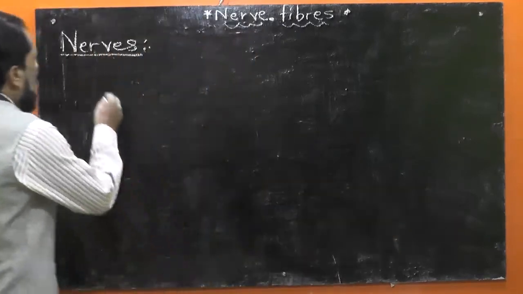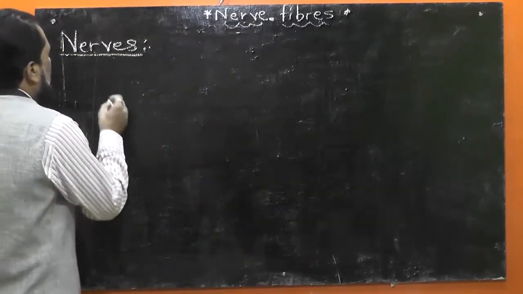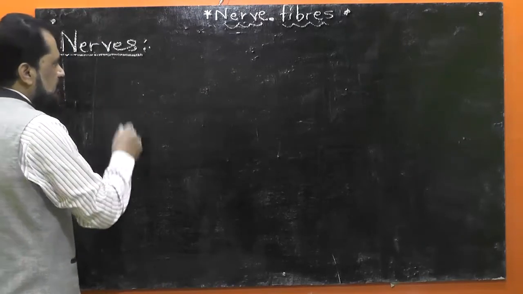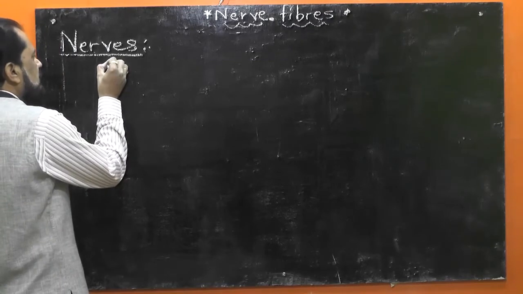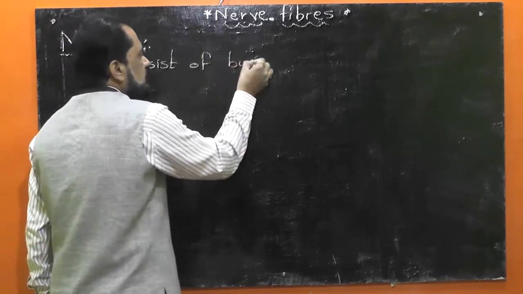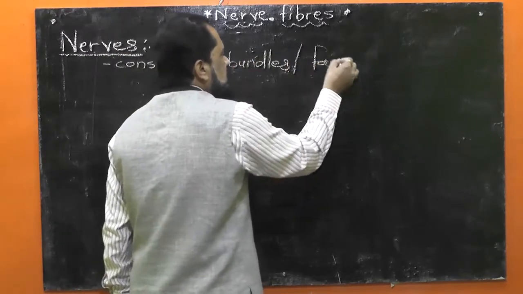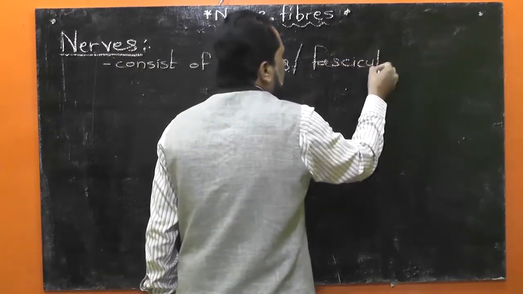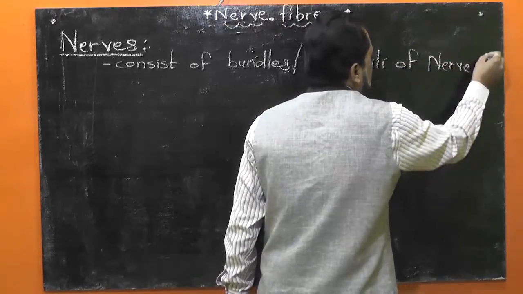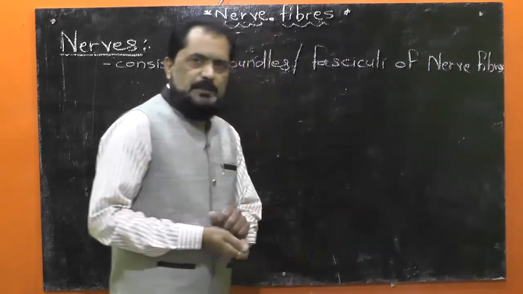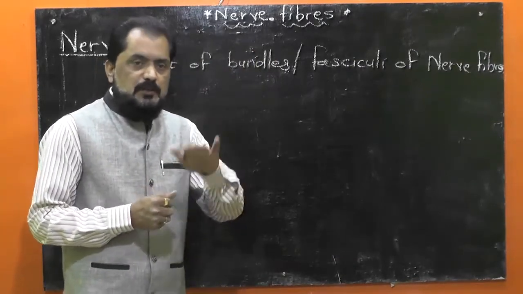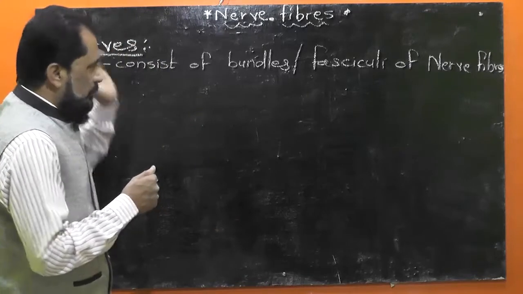The nerves are nothing but whitish thread-like structures consisting of bundles, also known as fasciculi, of nerve fibers. Mind well, it means many bundles of nerve fibers together form the nerve.